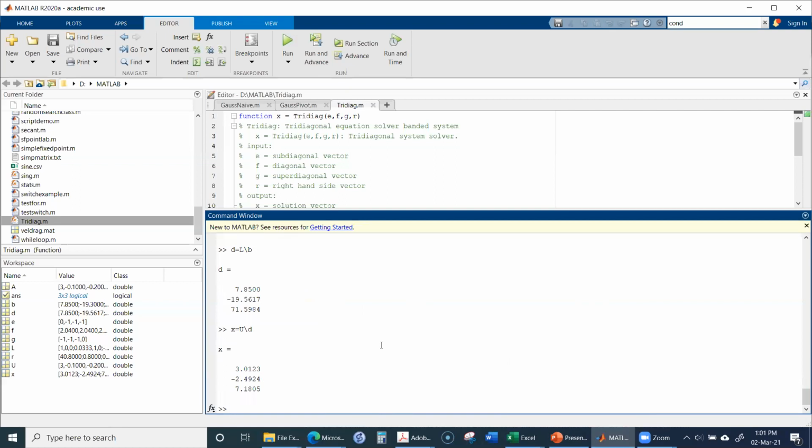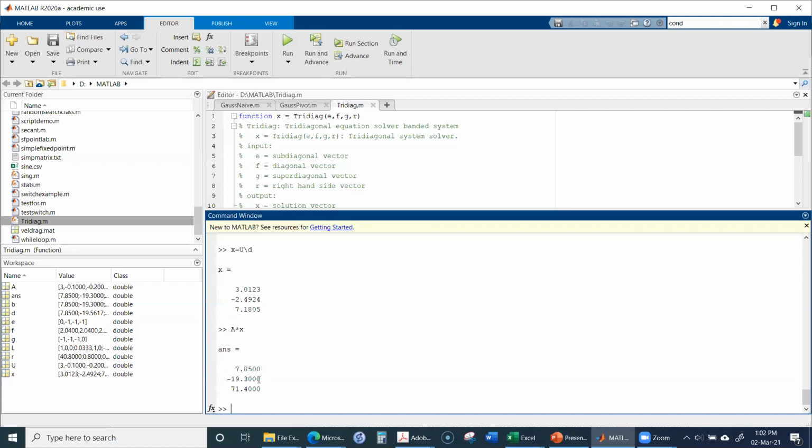To verify whether the solution is correct, I can multiply A by X and see what the answer is. The answer is 7.85, minus 19.3, 71.4, which is the correct answer.